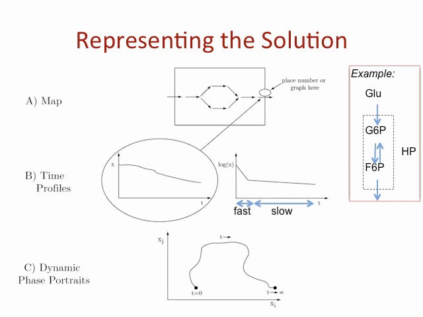So the initial state will be a point in this plane as indicated by the point time equals 0. Then you will see a dynamic response unfold, and the point will move around this phase portrait and eventually settle down at another point where time goes to infinity. This turns out to be a very useful graphical representation.